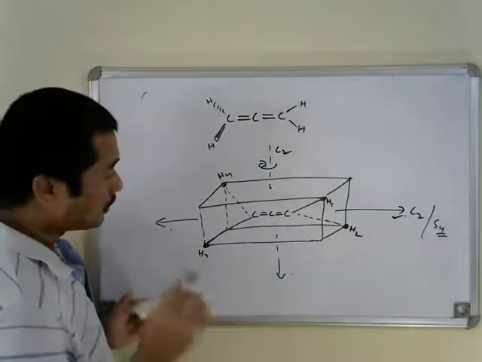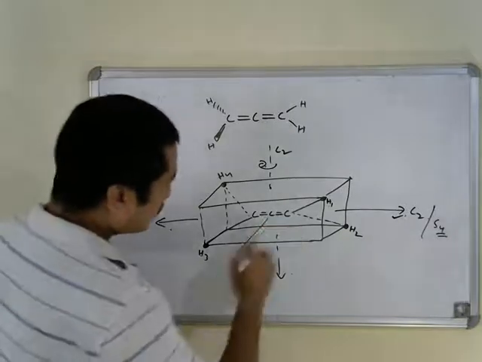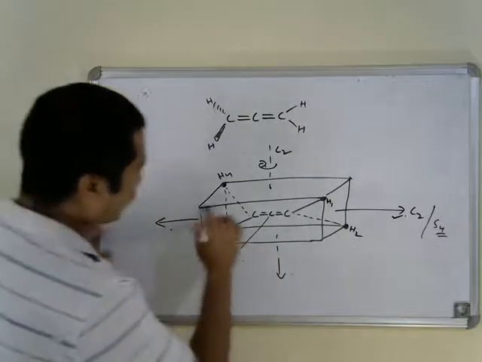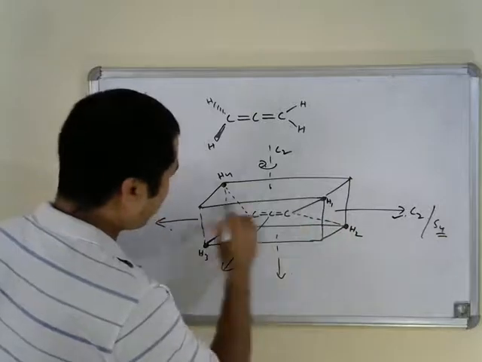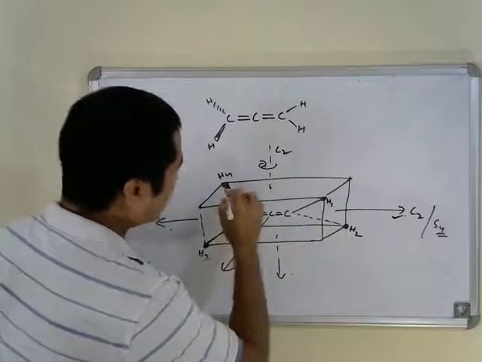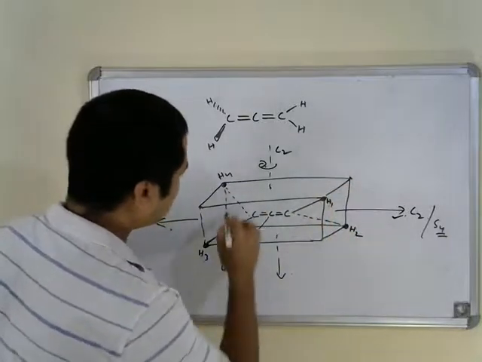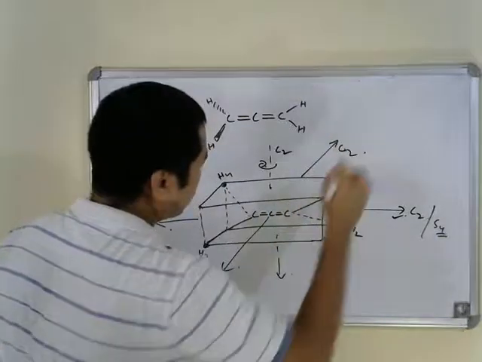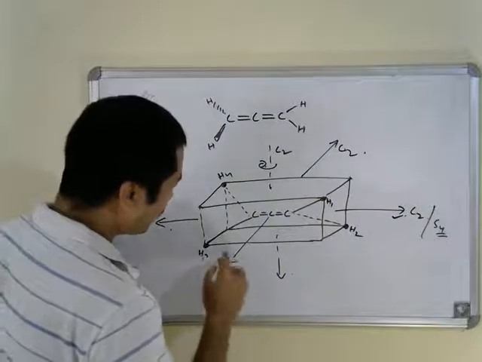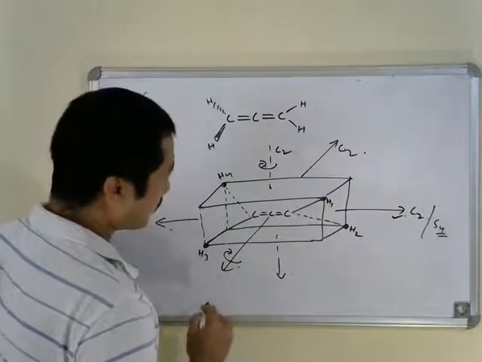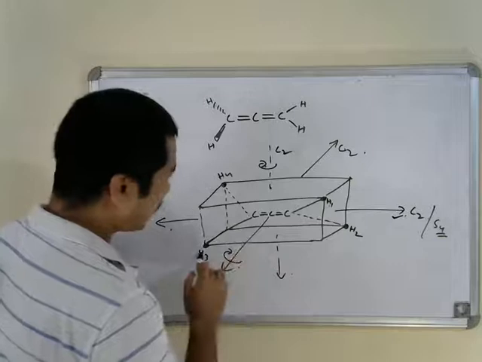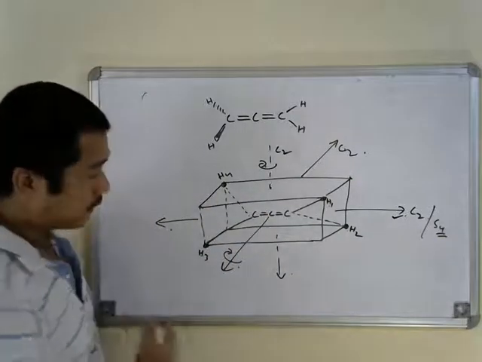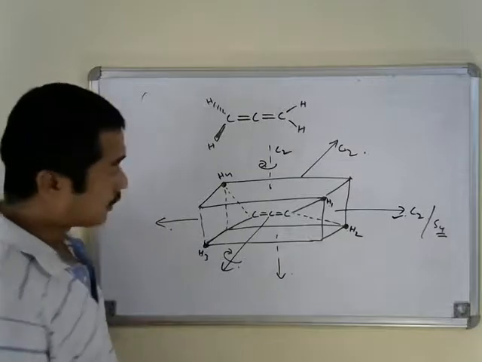Similarly, if you also consider a C2 axis of symmetry which goes through the center of this face and the center of the opposite face, then that is also going to be a C2 axis of symmetry, because when you do a C2 rotation, 180-degree rotation with respect to this axis, H1 will reach H3 and H4 will reach H2, which gives an indistinguishable configuration.